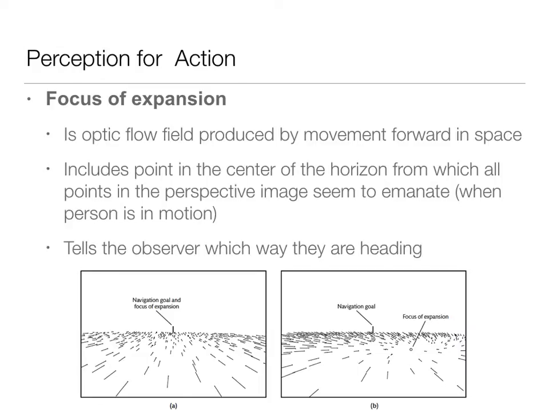The focus of expansion is how those things change as we move toward our navigation goal. The retinal image is changing or flowing outward from the center, and as we move towards a goal, this gives us information so that we can reach our goal in really appropriate ways.